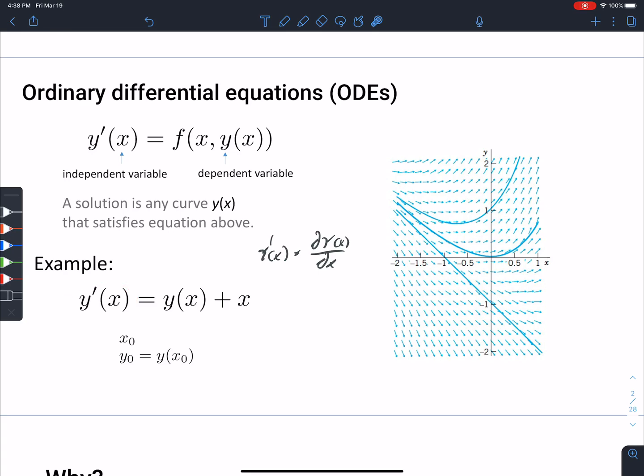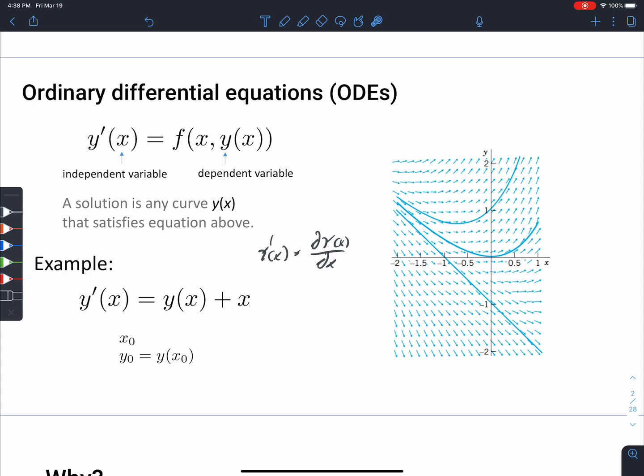So let's say we go to a point somewhere here, let's say 0.5 on this axis and 0.5. We plug in 0.5 and 0.5, so we have that y prime at this point should be 1, meaning the slope of our solution should be 1. This vector here is a slope 1 line.